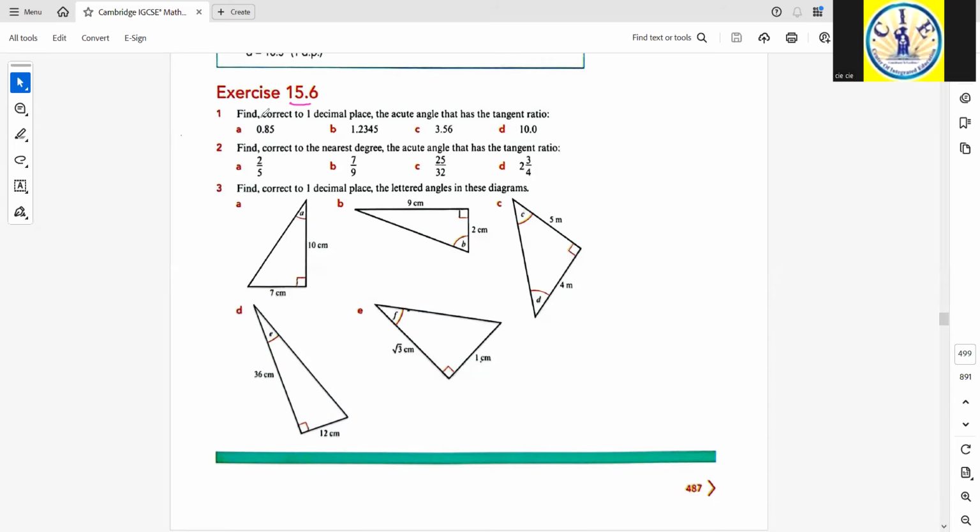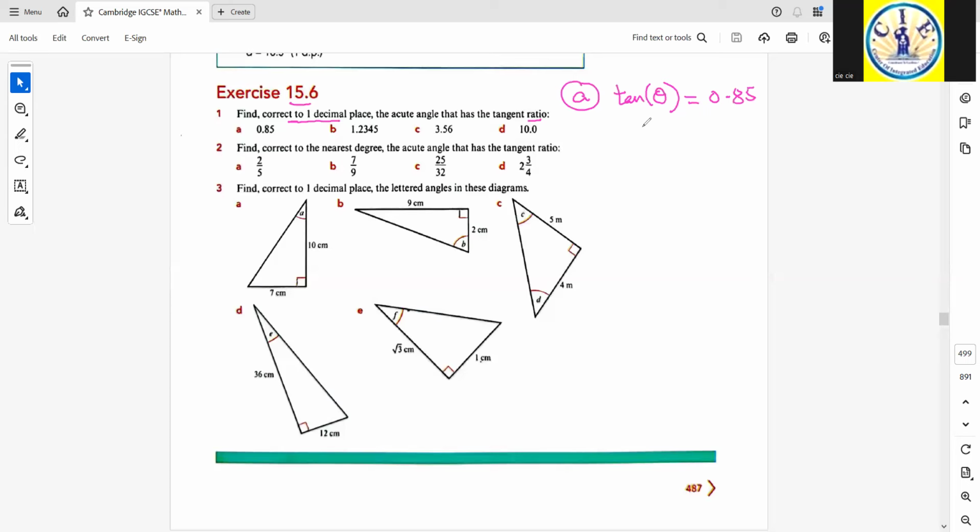Exercise 15.6. Find correct to one decimal place the acute angle that has the tangent ratio as given. So in part A, the tangent ratio of some angle, let that angle be denoted by a Greek letter theta, is 0.85.